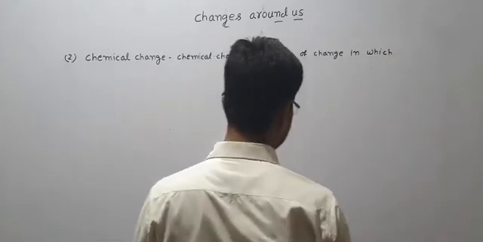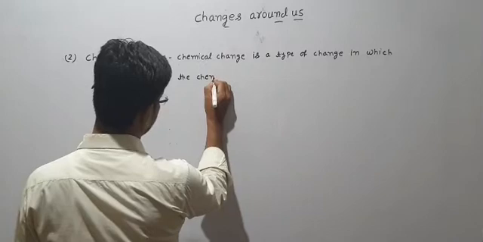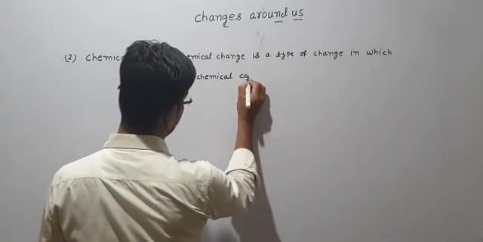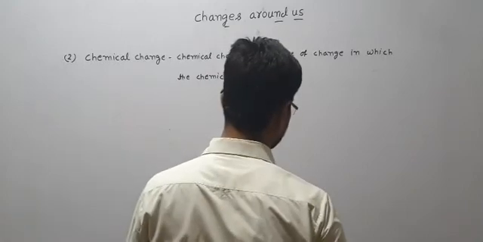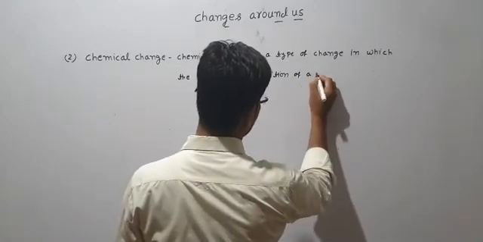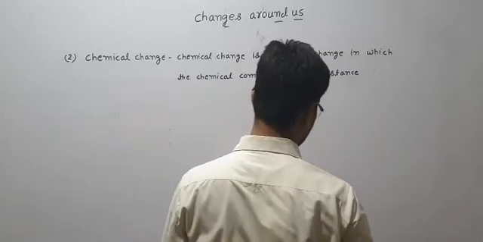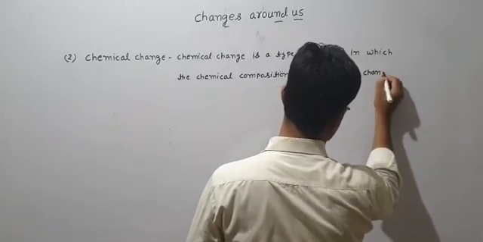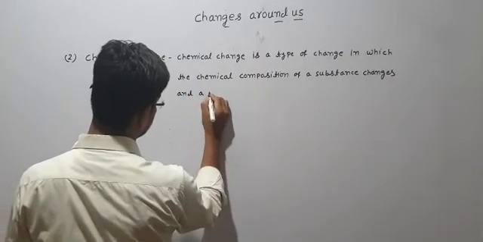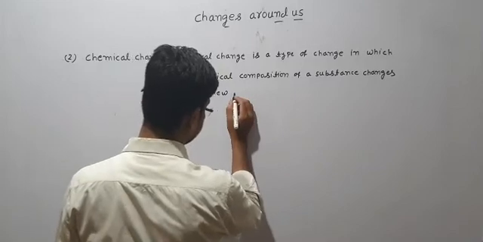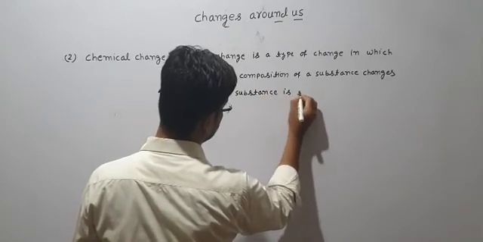Chemical change is a type of change in which the chemical composition, meaning entirely the matter will change, the chemical composition of a substance changes, and a new substance is formed, students.